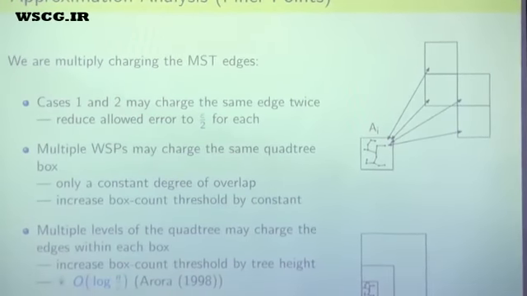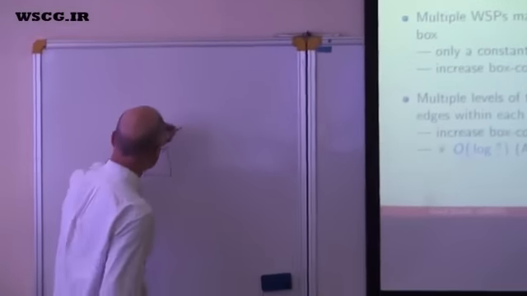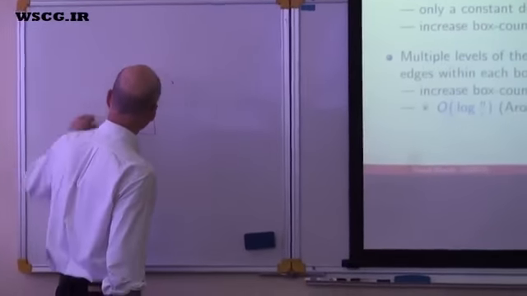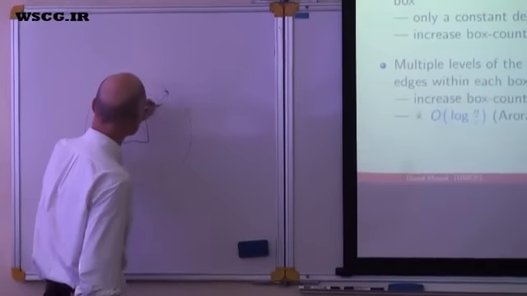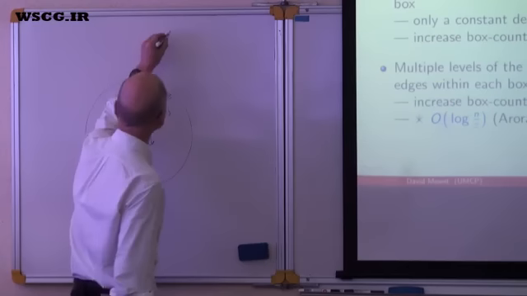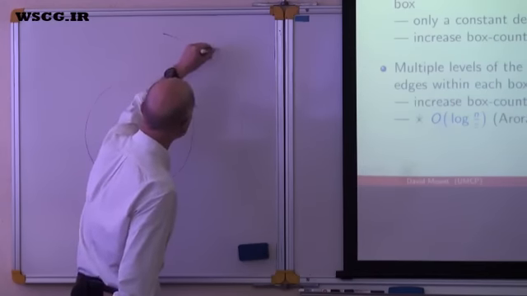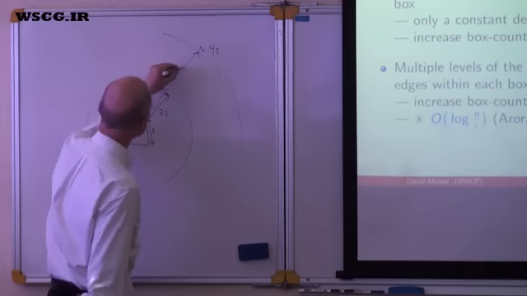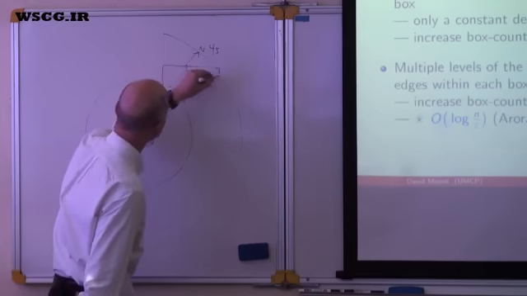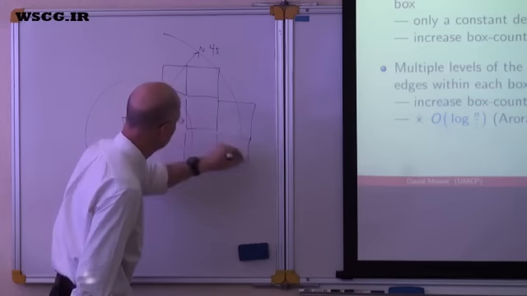Remember, if you compute a well-separated pair decomposition, we observed last time that if I go out to a distance of, say, S, then 2 times S, and maybe something like roughly 4 times S, the boxes that this box is going to charge are boxes of roughly equal size that overlap this region here.